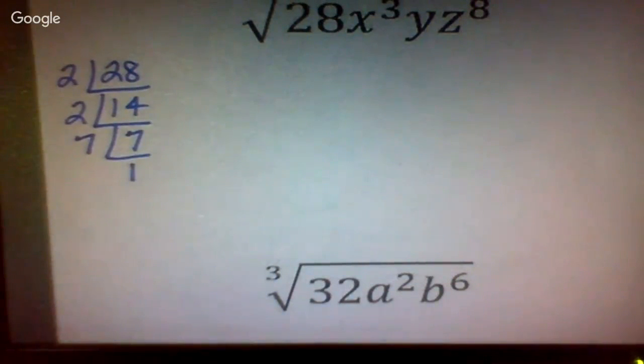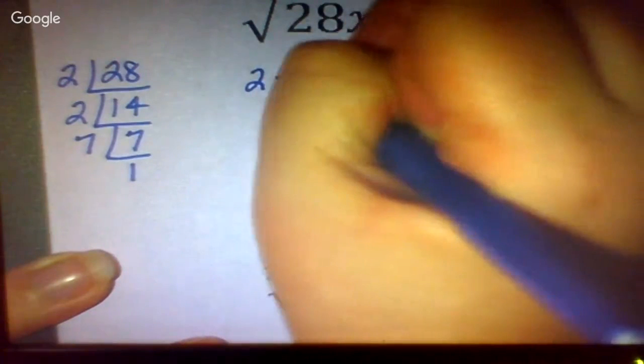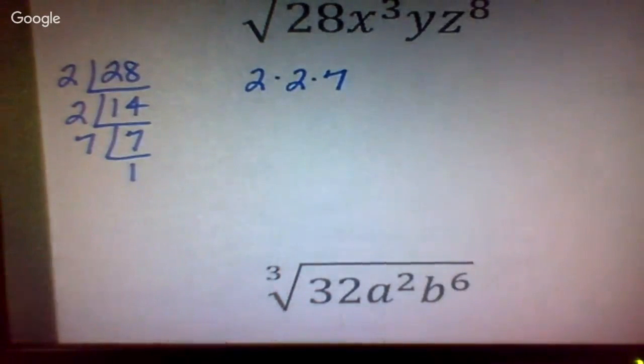Now, when we did the prime factorization, I taught you how to do 2 to the second power. Skip that for now. I want you to write it out just like you see it. So 28 breaks down into 2 times 2 times 7. Now, look at your variables. If I have x to the third, how many x's do I have?